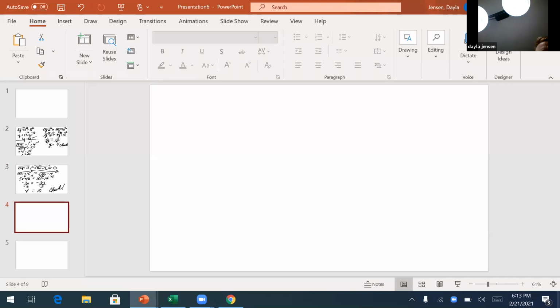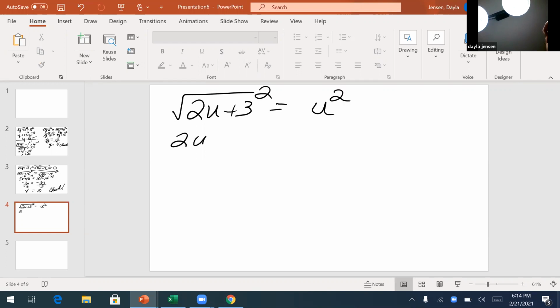Now what if I have just one radical, the square root of 2u plus 3, but it's equal to a variable u. So now I have a u on both sides, and this u is underneath the radical sign, so I need to square both sides to get rid of it. So 2u plus 3 equals u squared.